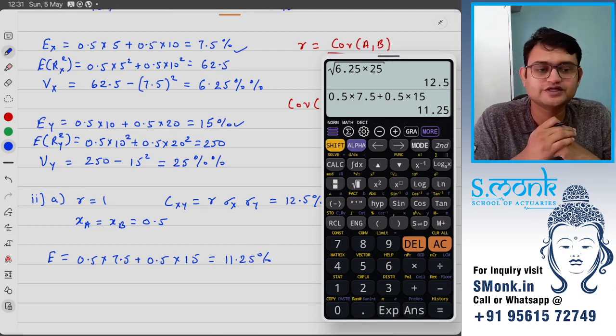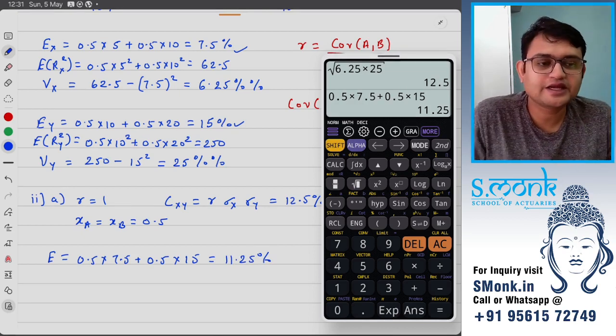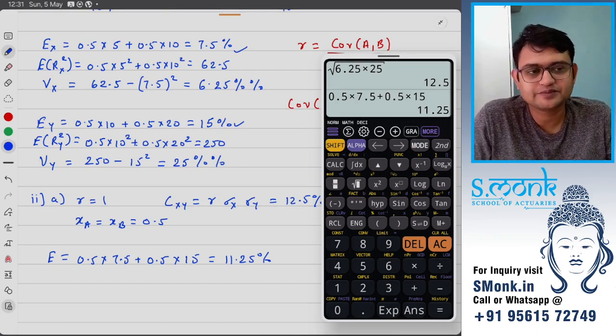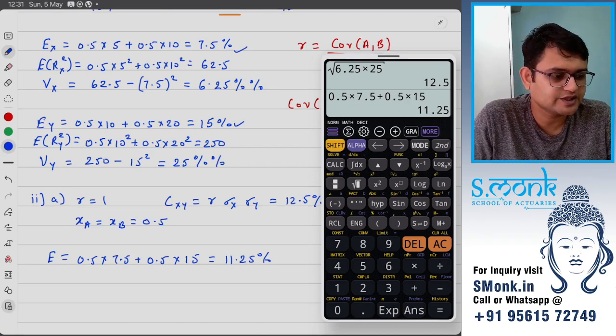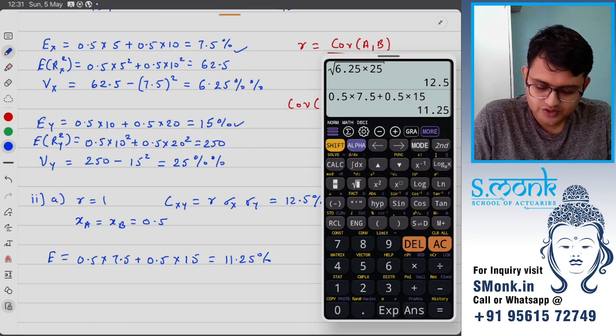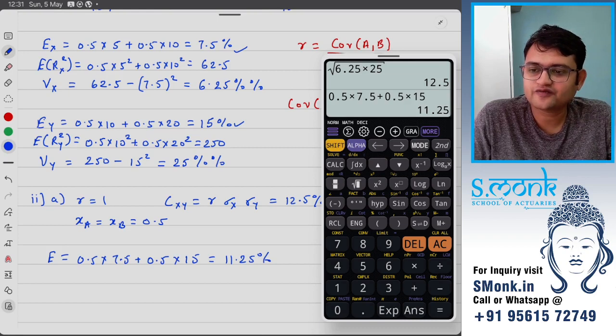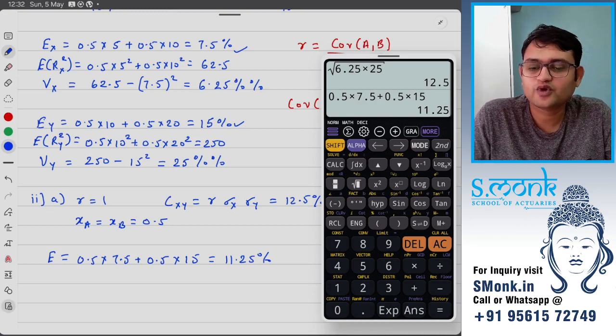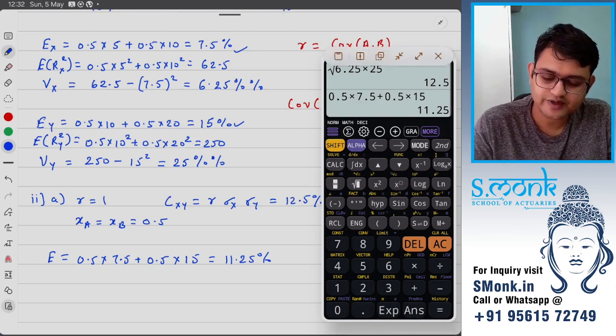So this is an average return, expected returns. Many times in different courses, you will find that the average and expected terms are different. But here, average and expected terms are the same. So I'll be using these terms interchangeably. The expected returns or the average returns that I can earn from this portfolio is 11.25% per annum.